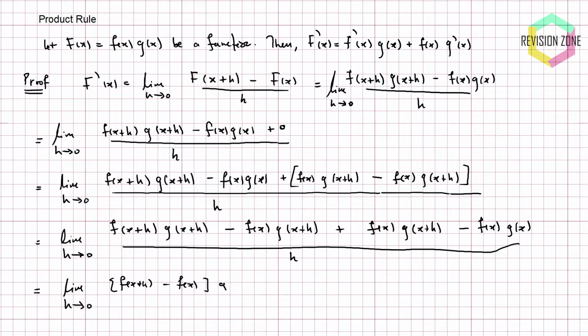I've got the g of x plus h plus, and here comes the second factorization, f of x, and then I've got g of x plus h, take away g of x. And now I've got to have h for the entire fraction here, for the entire term here. But of course, I can use some rudimentary algebra and split this up by actually having my h go here and my h go here.